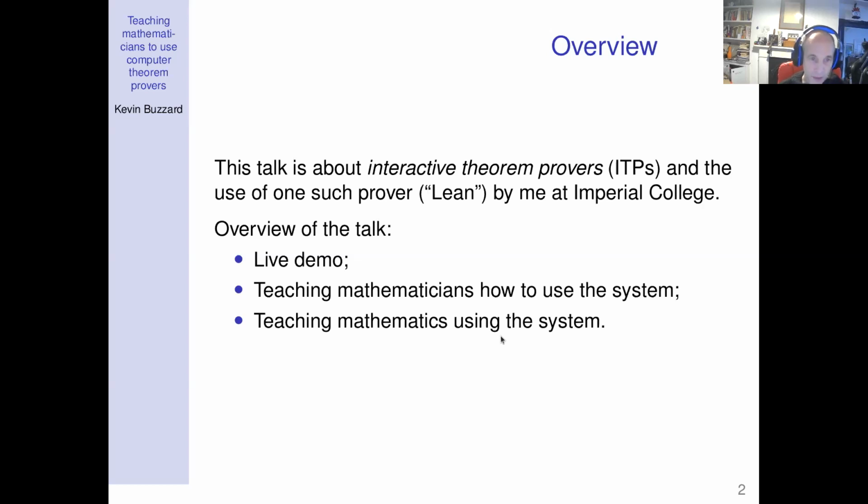I'm going to start off by showing you what an interactive theorem prover looks like, and then talk about two related but different things. I'm going to spend a lot of time talking about teaching mathematicians how to use the system, and much less about teaching mathematics using the system.